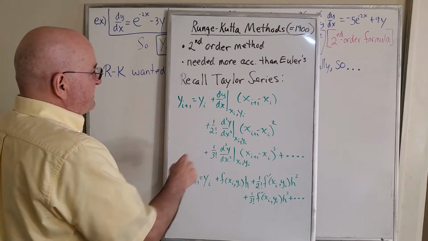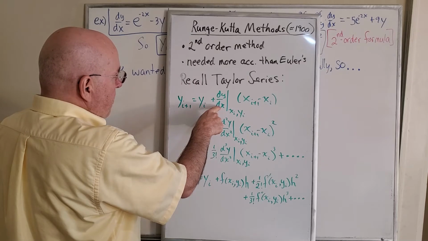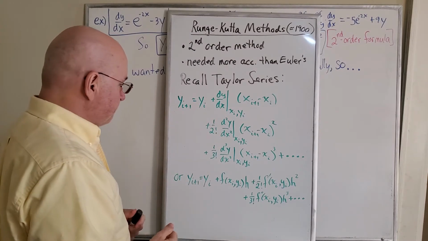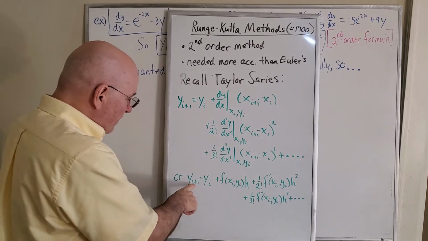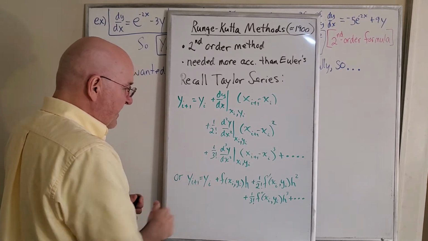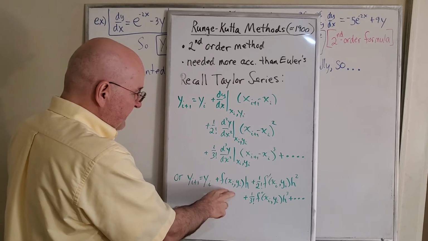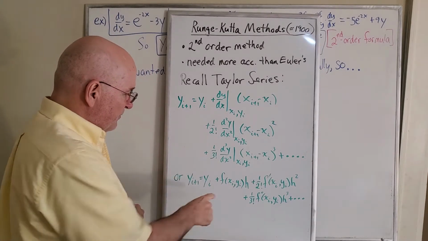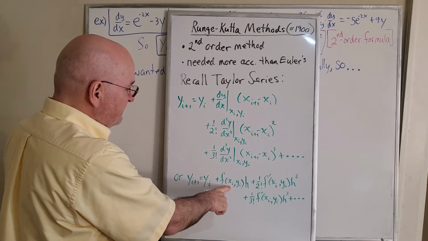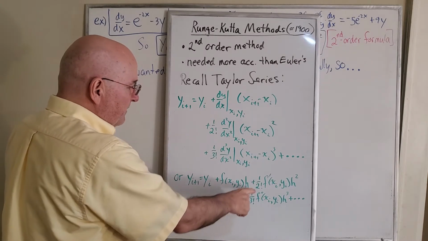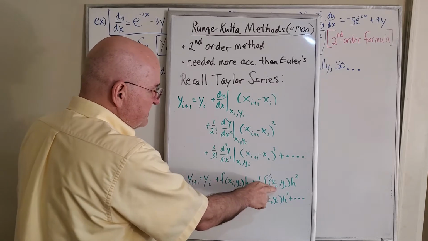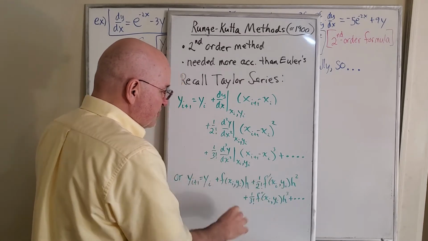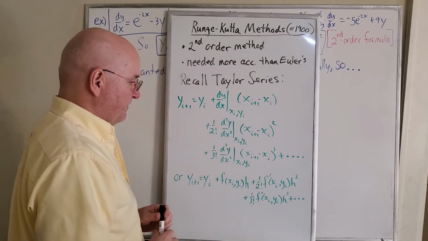Another way of writing that, since we know dy/dx will be given to us as f of x, y, is y_{i+1} equals y_i plus f of x_i, y_i times h, the interval width. Remember, this is a derivative, dy/dx. Plus 1 over 2 factorial times f prime of x_i, y_i times h squared, plus and so on.